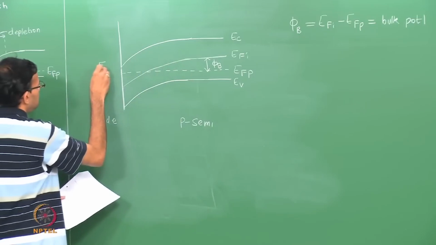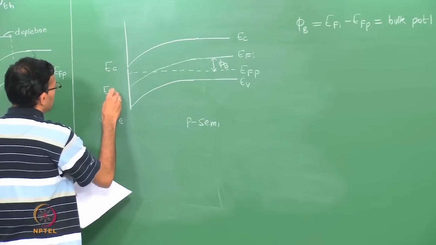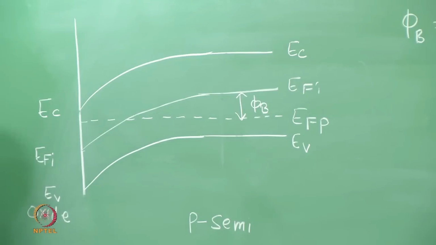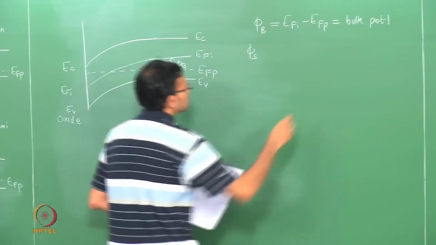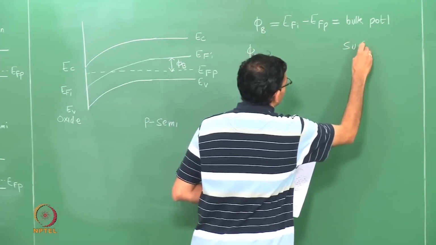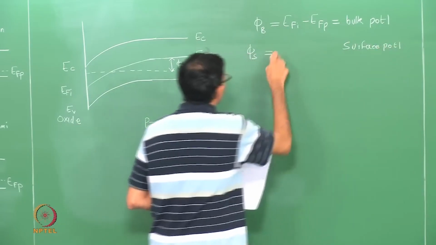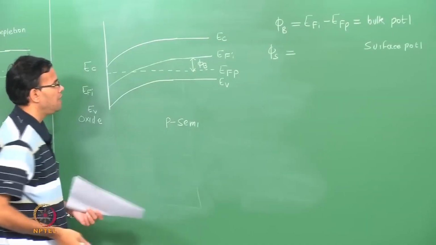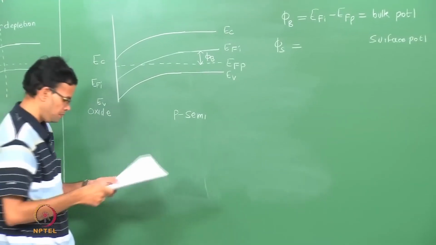So, this is EC, EV and EFI. So, in this case we can also define a surface potential psi s, which I will call surface potential, which is the difference between the intrinsic Fermi level in the bulk and the intrinsic Fermi level at the surface.